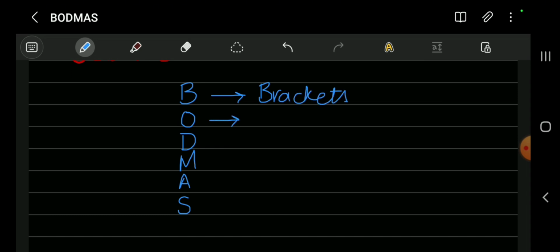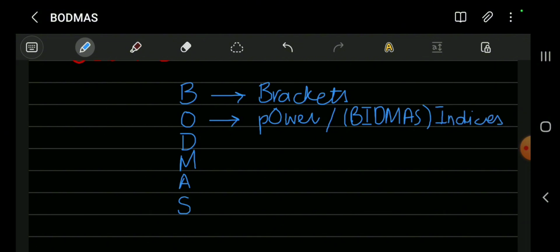O stands for, there are many different thoughts about this. Some people say O stands for the power, or some people say this is BIDMAS instead of BODMAS, and the I stands for indices. But there are some other rulings about this.